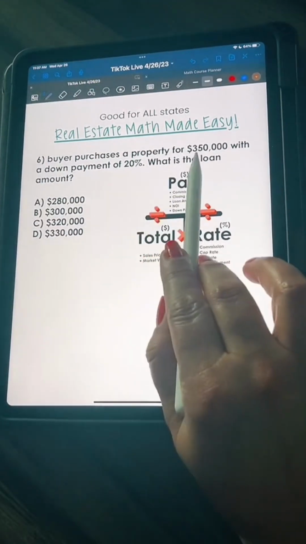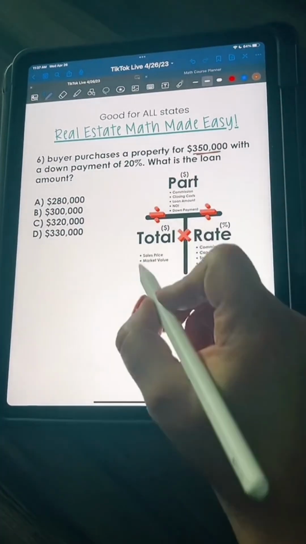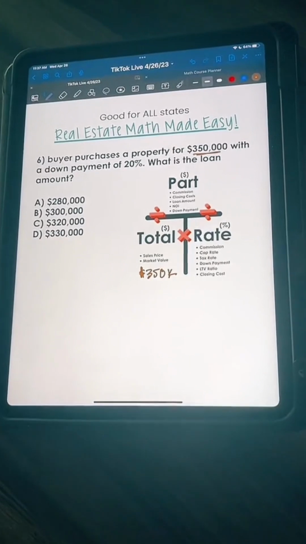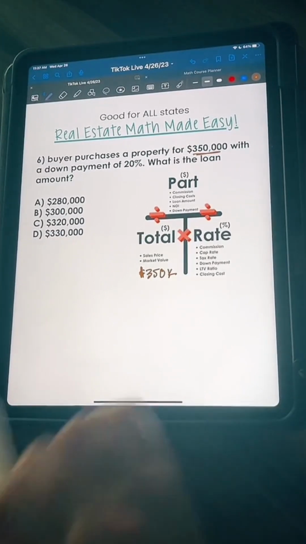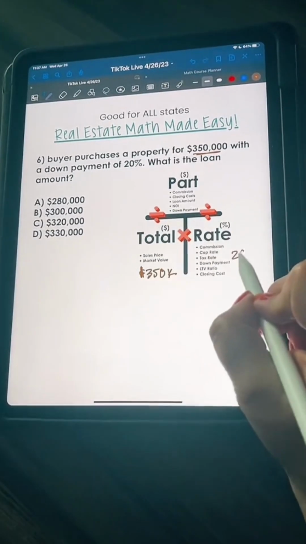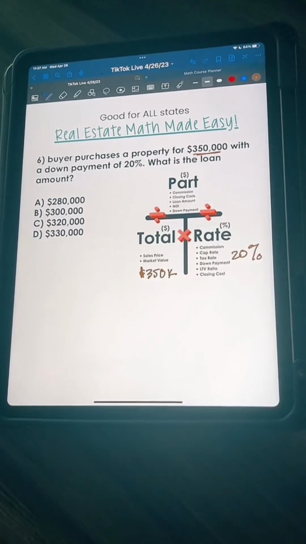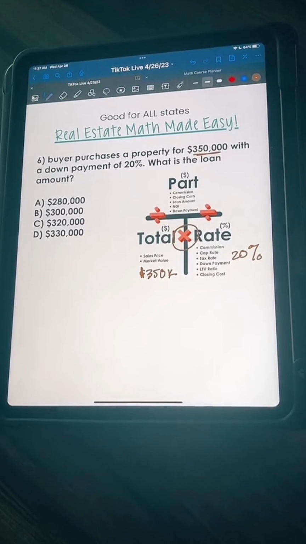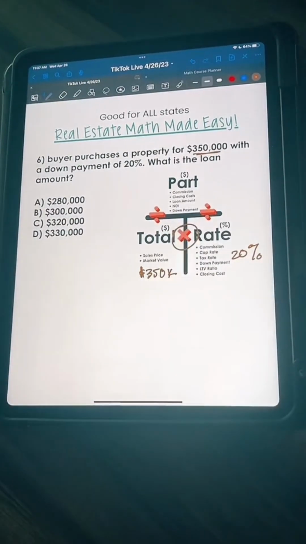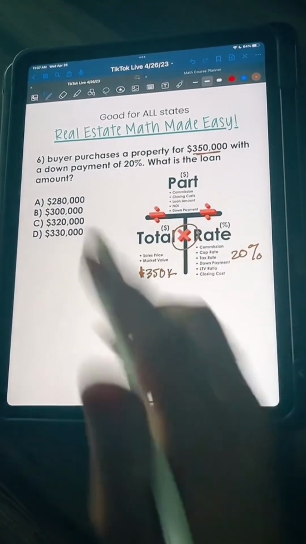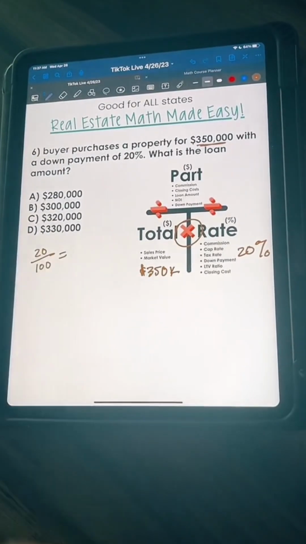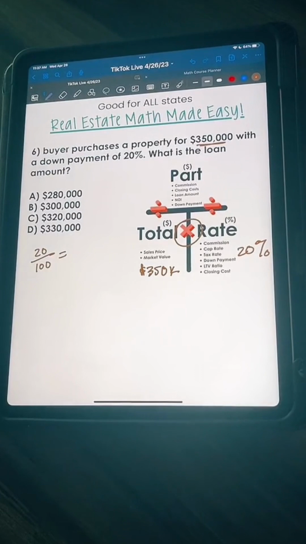So we're going to put here, the property is 350 grand. So we're going to put 350 grand right here in the total section. And then the down payment is 20%. So we're going to put it here. Okay. So we're going to multiply, obviously. So step 1, put it in the T-chart method. Step 2, change your percent to a decimal by dividing by 100. Okay, notice how I always divide by 100.